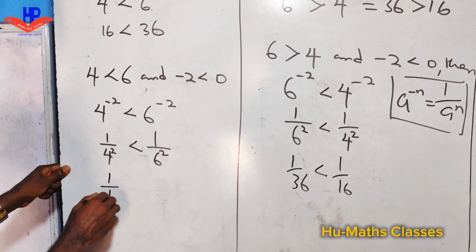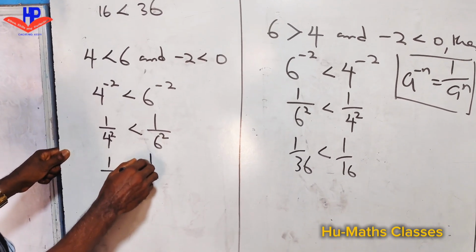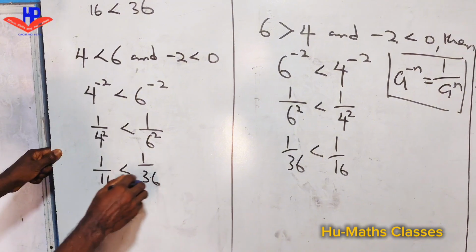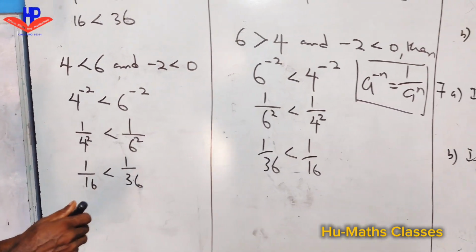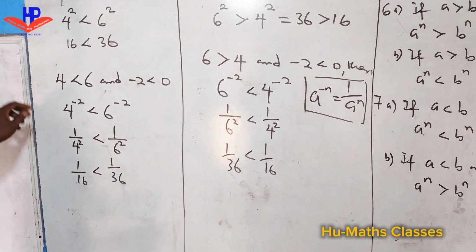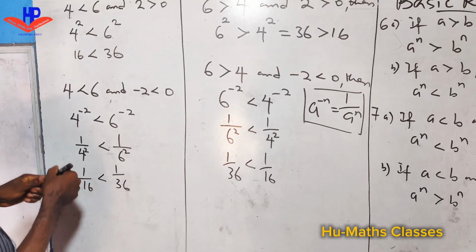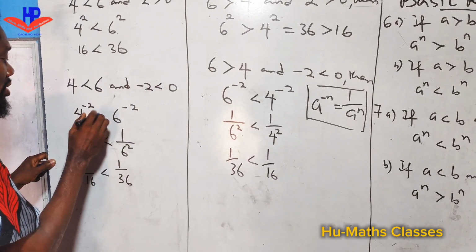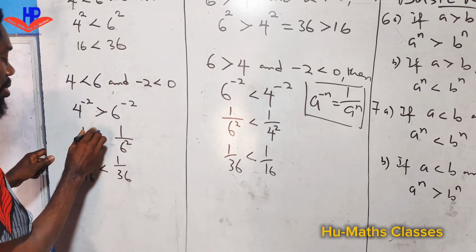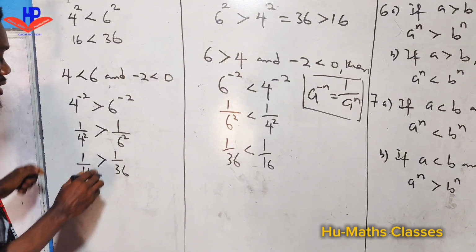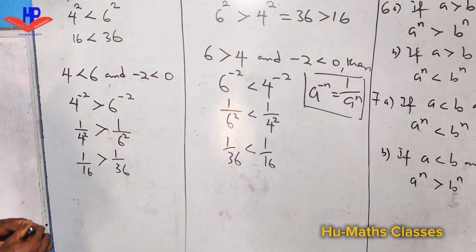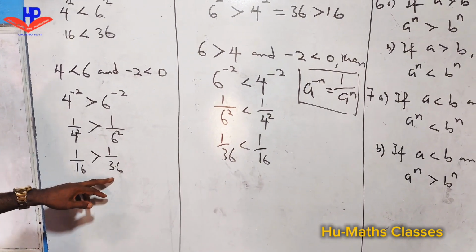This will be 1 over 16 less than 1 over 36, but because N is less than 0 the sign will change, to greater than, which is 1 over 16 is greater than 1 over 36.